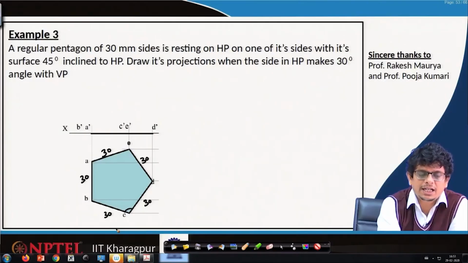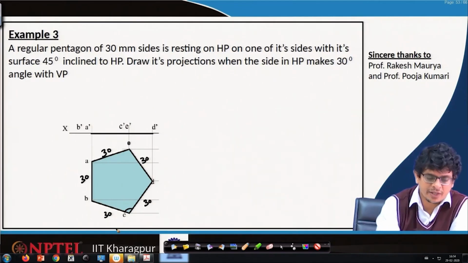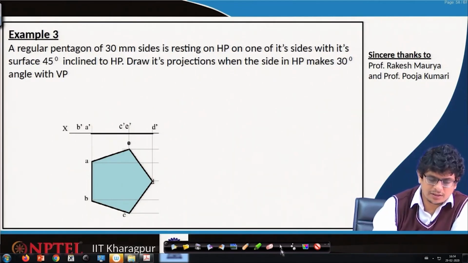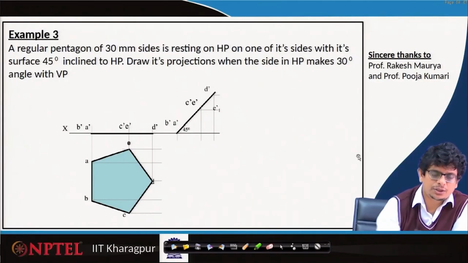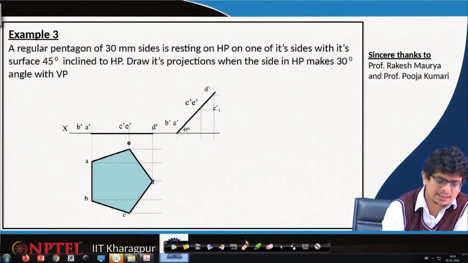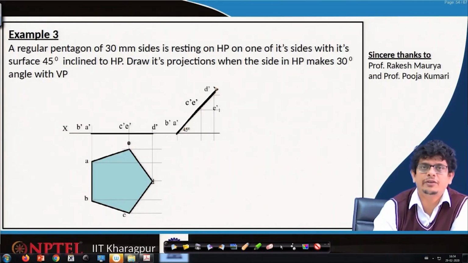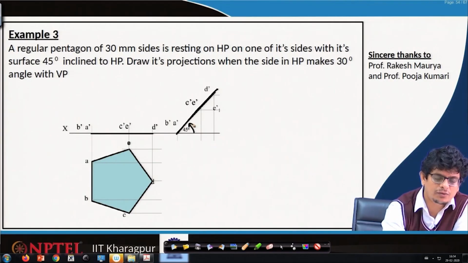Now, its side is resting on HP and its surface is 45 degrees inclined to HP. So, if one of the sides is making 45 degrees, in the front view we will see that 45 degrees.